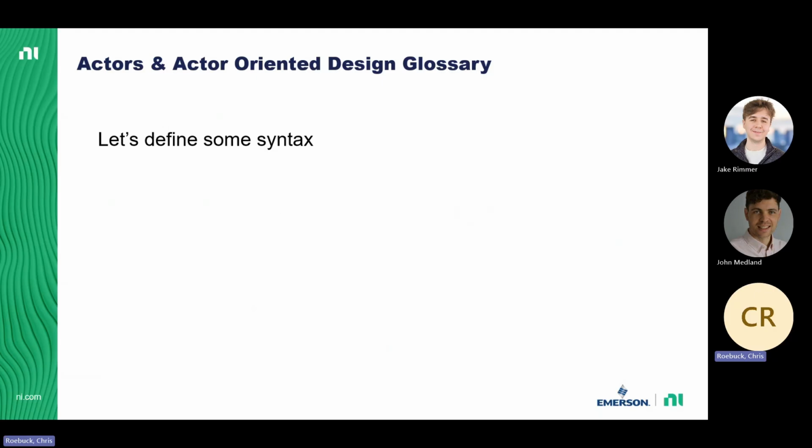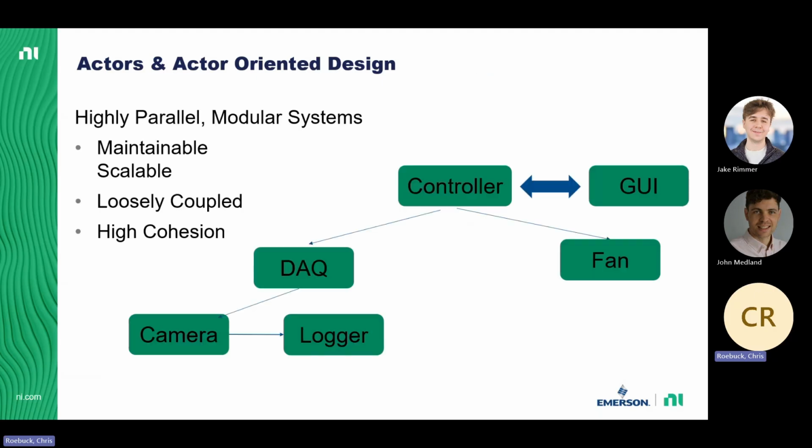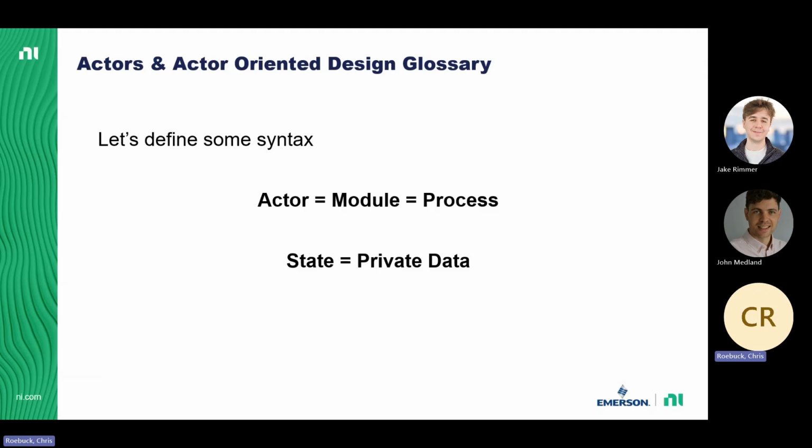So if I go back one slide, for example, I could think of my camera as being an actor or a module. It's running, it's acquiring camera data, it's doing something with that camera data, but it has no knowledge of the DAC, it has no knowledge of the fan, it has no knowledge of the UI, for example. It has a very specific function.